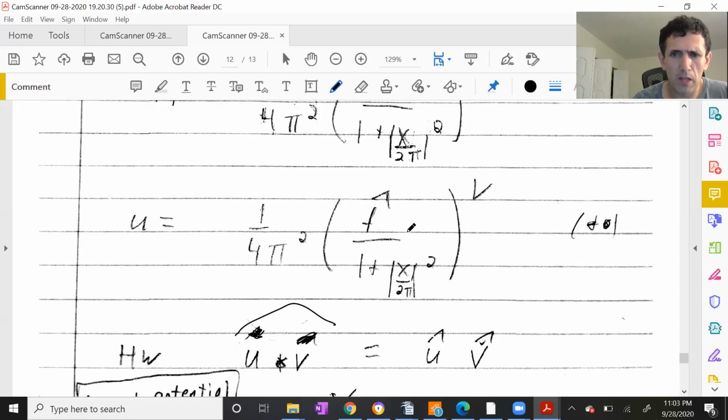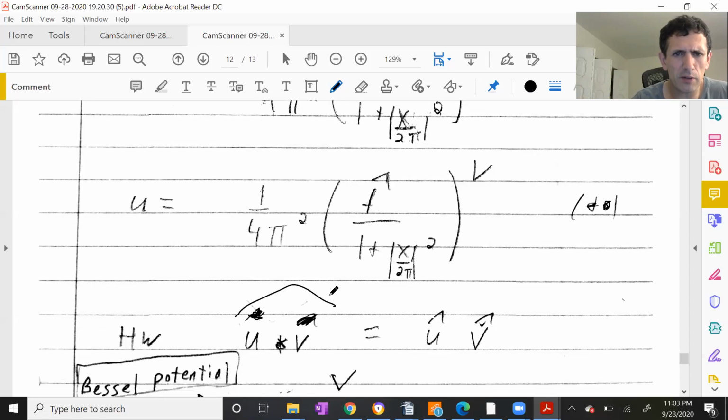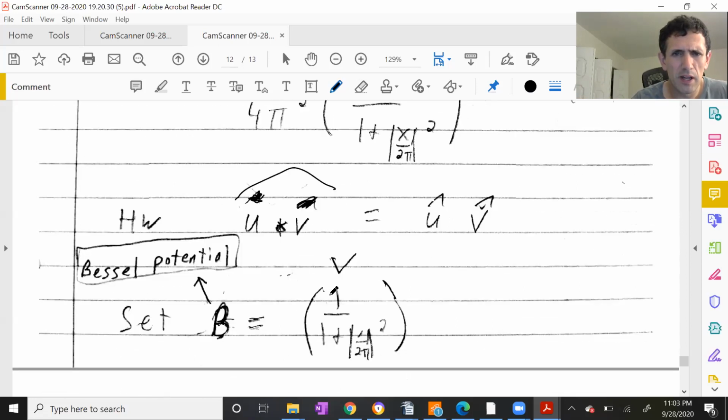Right, you use this fact here. I'm going to define B to be the inverse Fourier transform of this function, 1 over 1 plus x squared over 2 pi. I'm putting a dot here to indicate that this is my function.